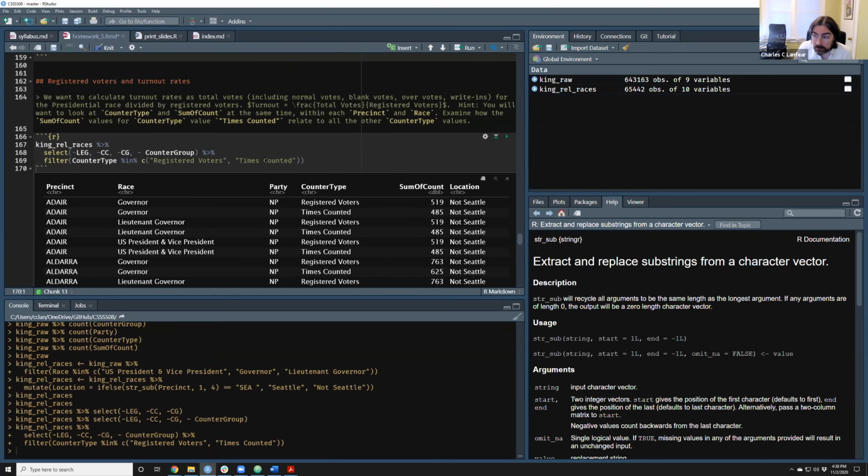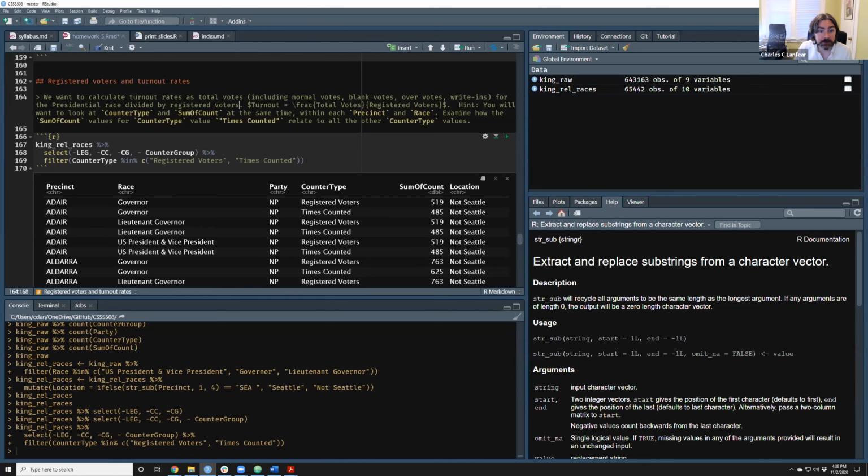This is actually a point I brushed over. I say here we want to calculate the turnout rate as total votes for the presidential race divided by registered voters, but it's actually not unique to the presidential race. Every single race has the exact same turnout rate by this definition.